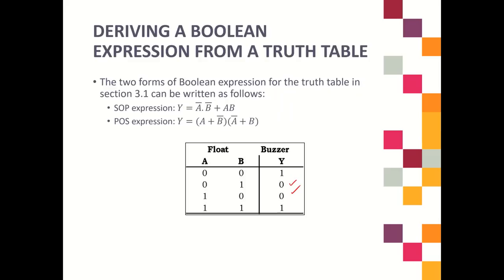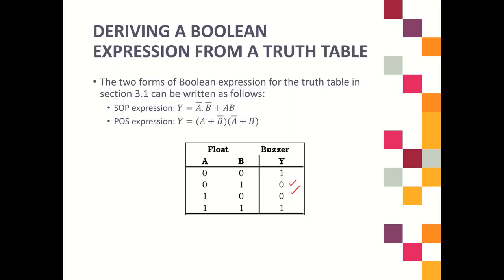Alright, so this is the example of how we can derive the Boolean expression from the table. We have two kinds of expressions, either using SOP or POS expression. SOP is where you sum the product terms when the output is equal to 1. What is a product term? A product term is where you perform AND operation on the complemented or uncomplemented input variables.